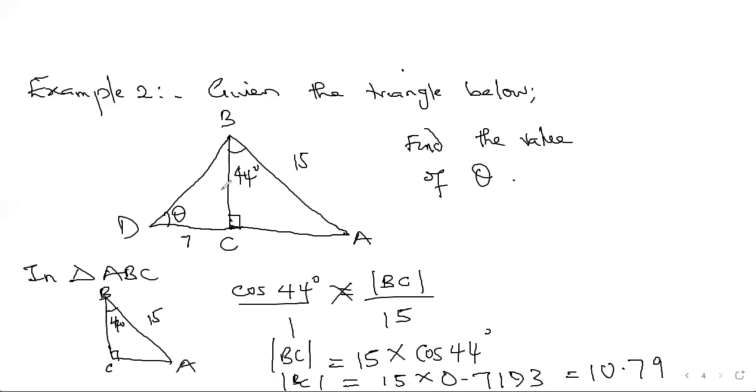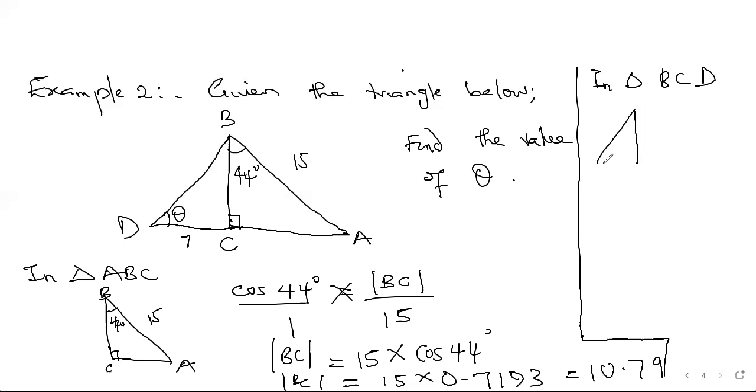So now I know BC. I can use that information to get angle theta. I'm going to go to the next page. Now, in triangle BCD, I have this side as 10.79.